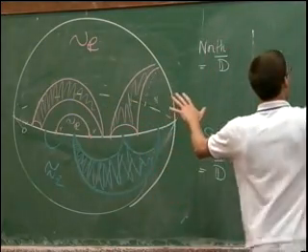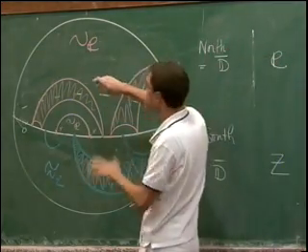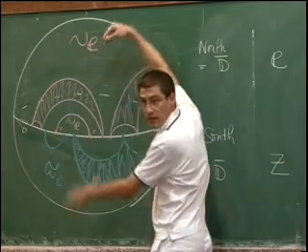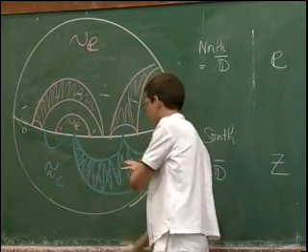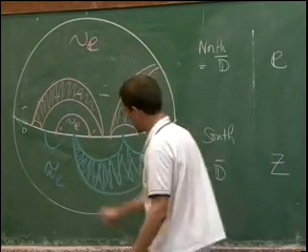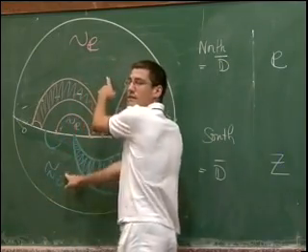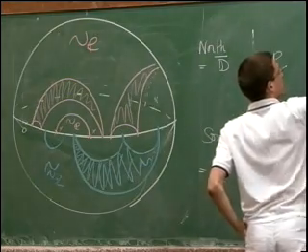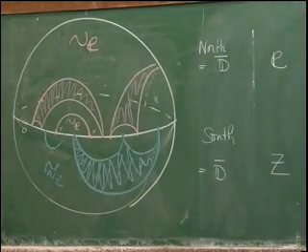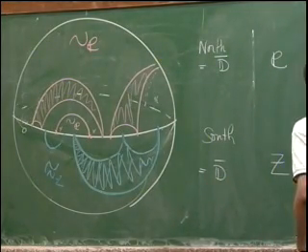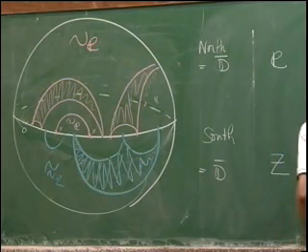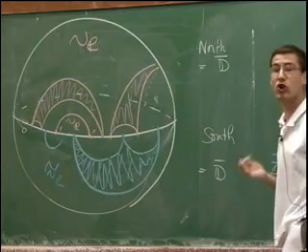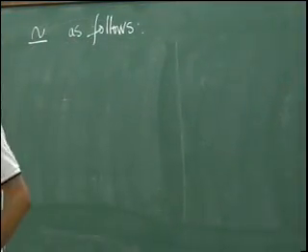Okay, now we will extend this equivalence relation that we defined on the North Pole and on the South Pole. So here is Brazil, here is France. Okay, so we define the equivalence relation as follows. It's just the concatenation of the two equivalence relations.